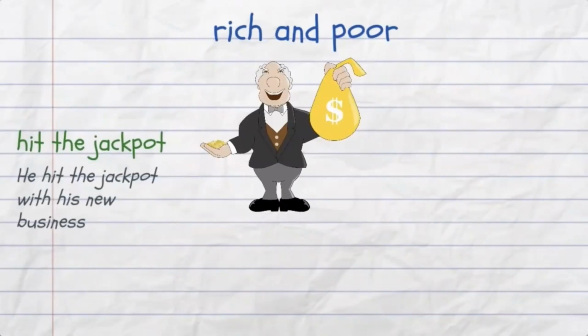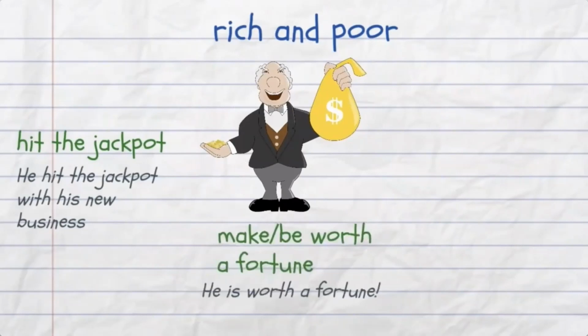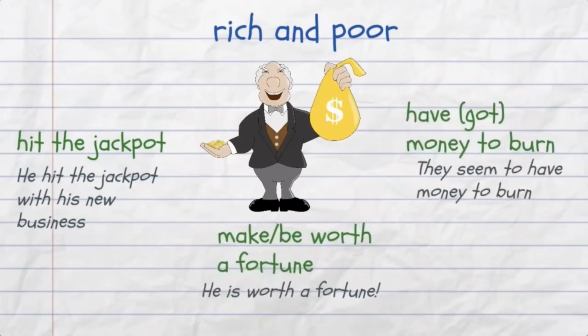For example, he hit the jackpot with his new business. Make a fortune: he is worth a fortune. Have got money to burn: they seem to have money to burn, which means they have so much money that they don't know what to do with it.